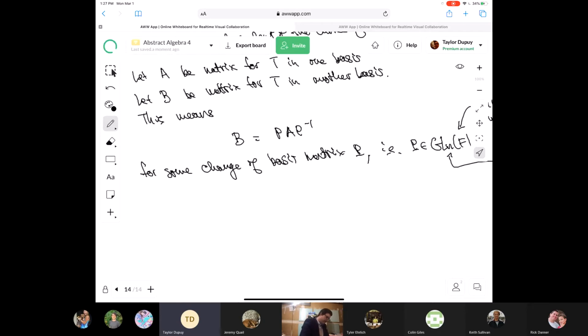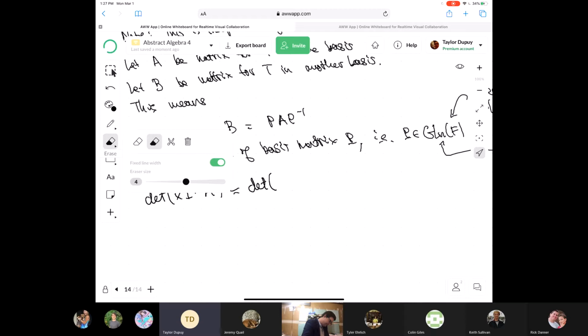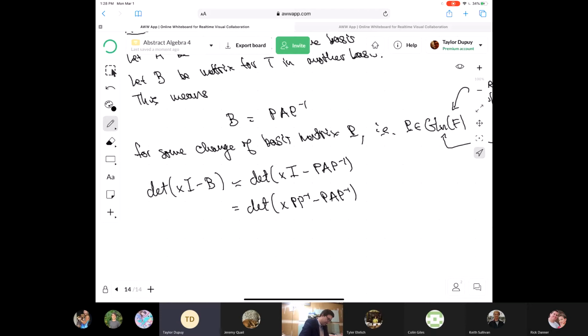Now let's take the determinant. The determinant of xI minus A is the same as the determinant of xI minus B. So this is the determinant of xI minus P inverse A P. This is the determinant of P inverse times (x minus A) times P. x is a scalar, so you can just move it out.